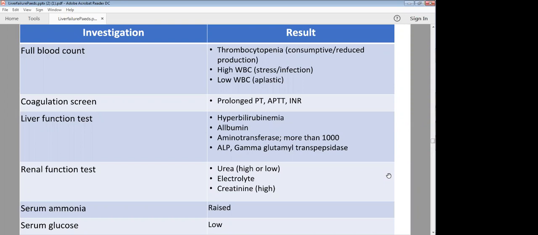ALP and GGT could be a sign of obstruction. Okay, renal function test, urea can be high or low. Why could it be high? High urea may indicate dehydration, right? Or upper GI bleeding. How about if low? When there is hepatic failure. Okay, we need to check creatinine because liver failure can lead to hepatorenal syndrome. Serum ammonia, yeah, need to check. We need to know the baseline and monitor the progression. Serum glucose as well. Okay, next.